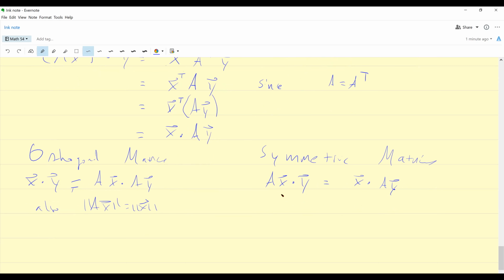For other matrices, it's not super hard to find this relation where for two other matrices you'll have something like this, where these matrices correspond to each other. But the nice thing about symmetric matrices is this dot product relation is preserved by itself. So A can act on either X or Y, and it doesn't matter which one it's acting on.